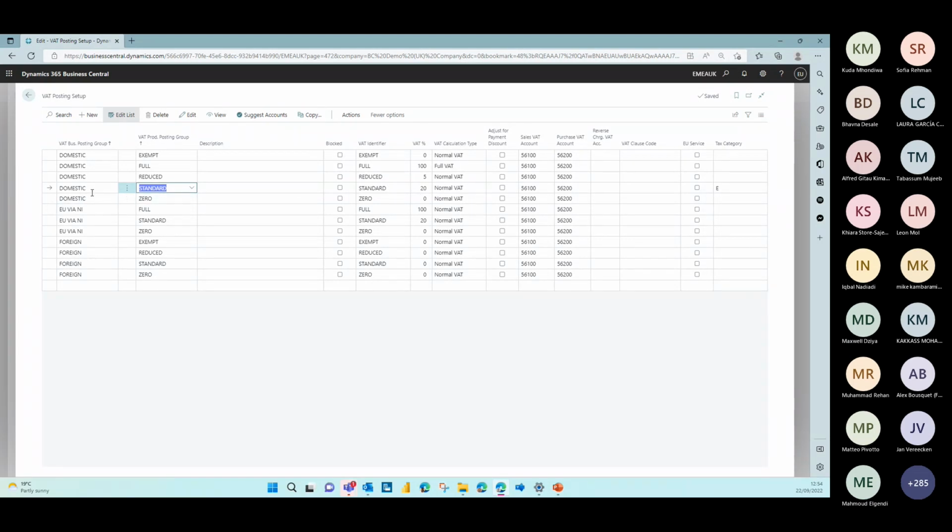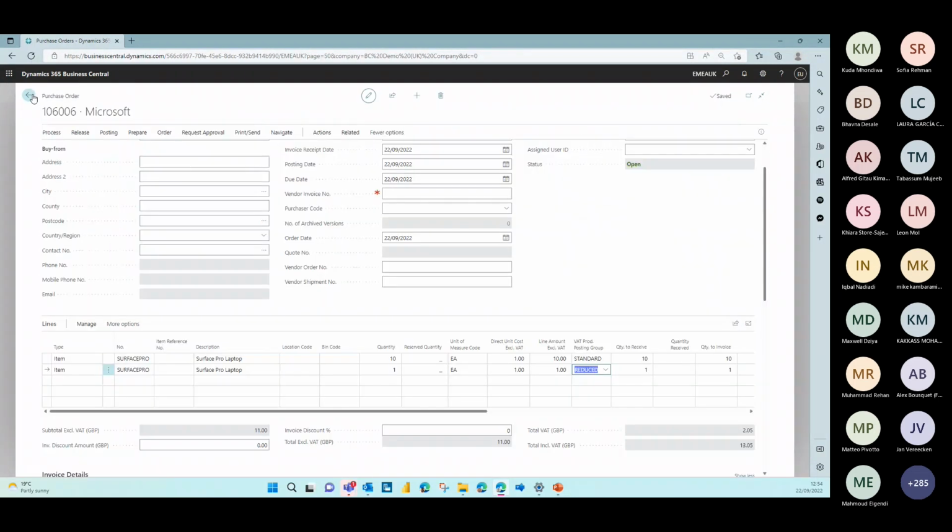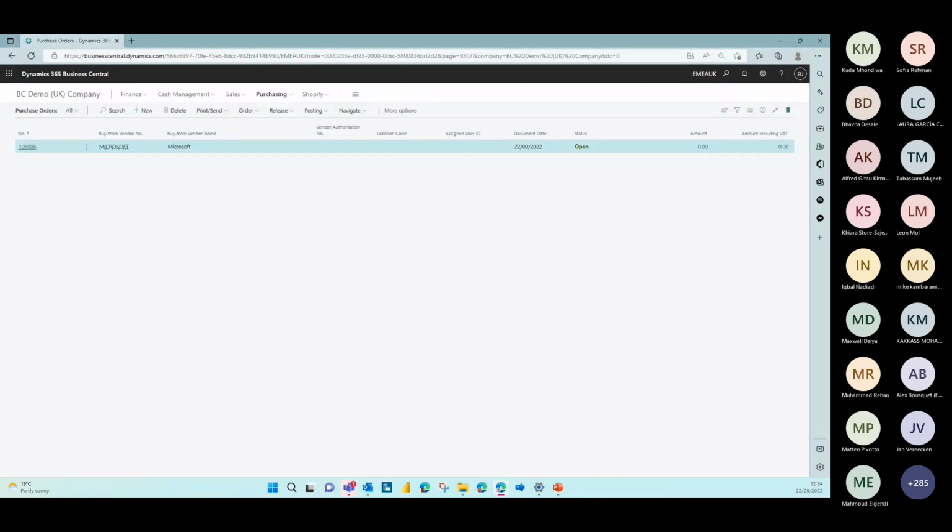And then domestic reduced for the second line, I changed the VAT product. It worked out to 5% instead. So does that help answer the question?